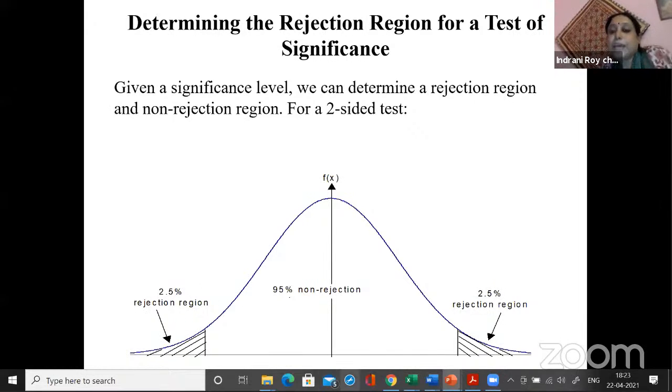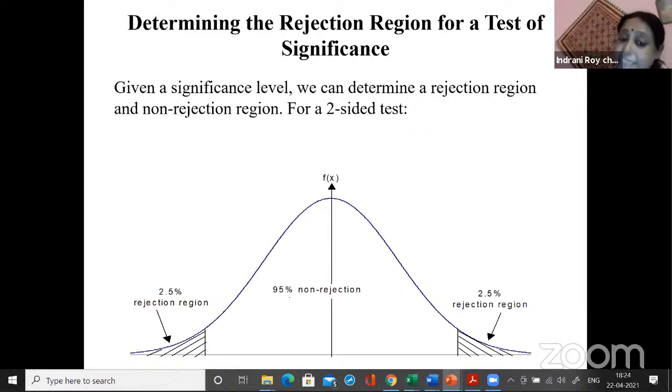Now, for the rejection of the null hypothesis, what you need is a very high value of T. So if your T value is close to 0, you are in the acceptance region, so you cannot reject your null hypothesis.